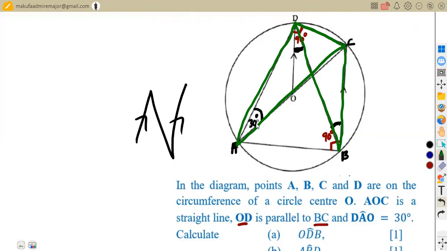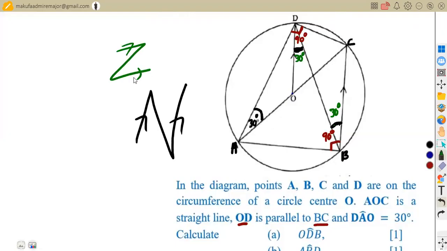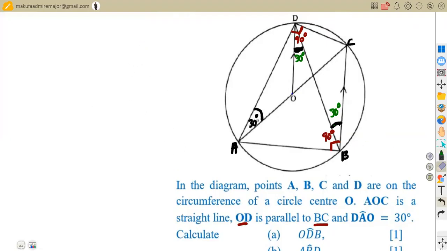So angle at A is the same as angle at B. So if this angle is 30, this angle also is going to be 30. And remember, I said the angle at B is the same as the angle at D from the parallel lines concept. They are creating a Z. We are talking about alternate angles in this case. So these two are equal. So this angle is going to be 30 degrees. All right. So that was our angle.